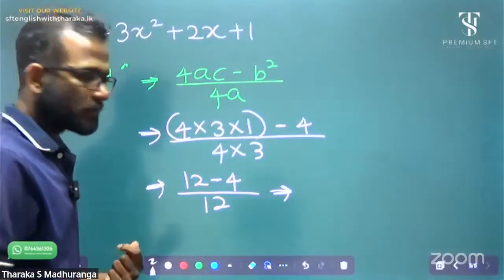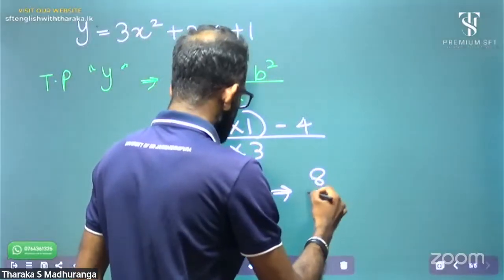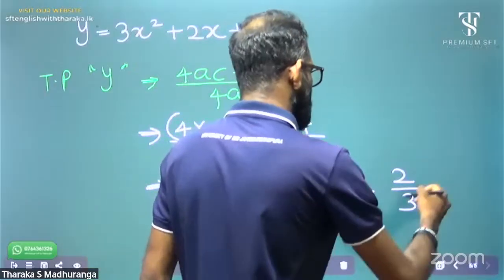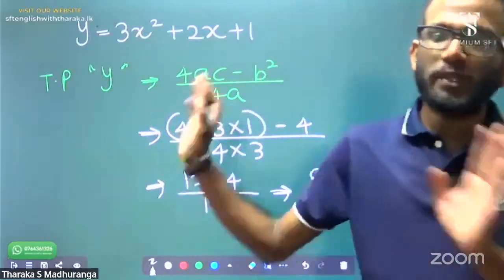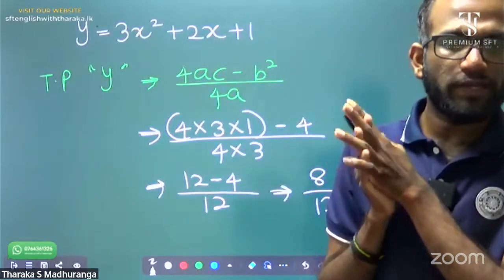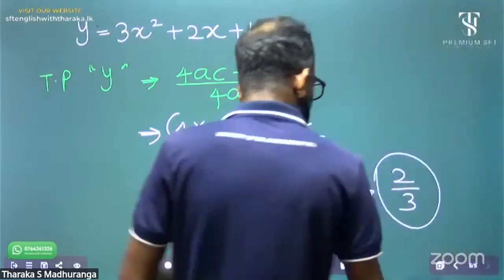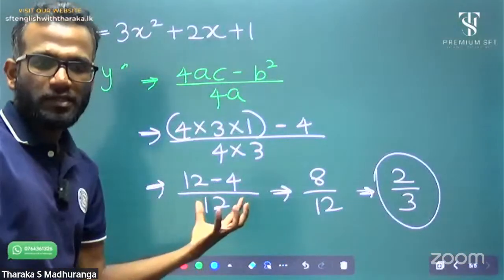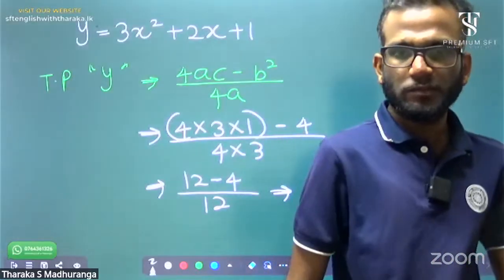Now 12 minus 4 is 8. 8 over 12 is 2 over 3 again. Understood? That's a short method to calculate the turning point y coordinate. Both methods are correct. If the substitution is too long, you can use our short method. Same answer comes. Understood?